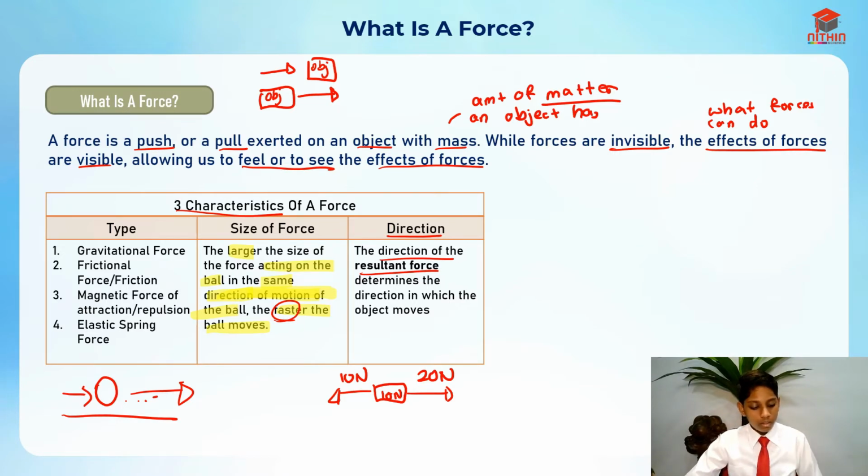Okay, so the direction of the resultant force determines the direction of the object moving. So basically the larger force wins.